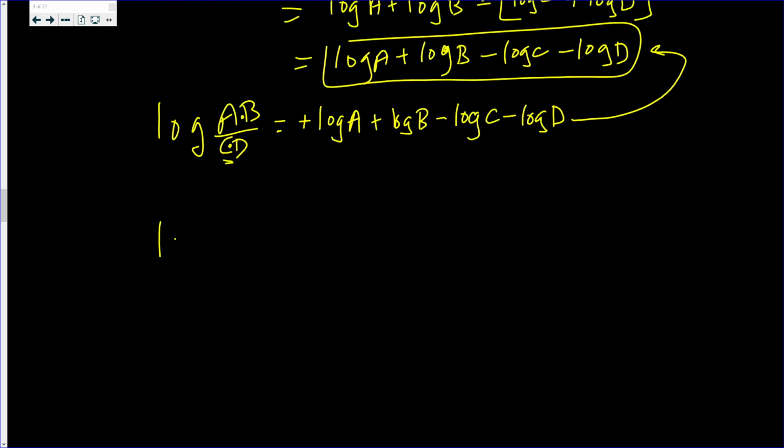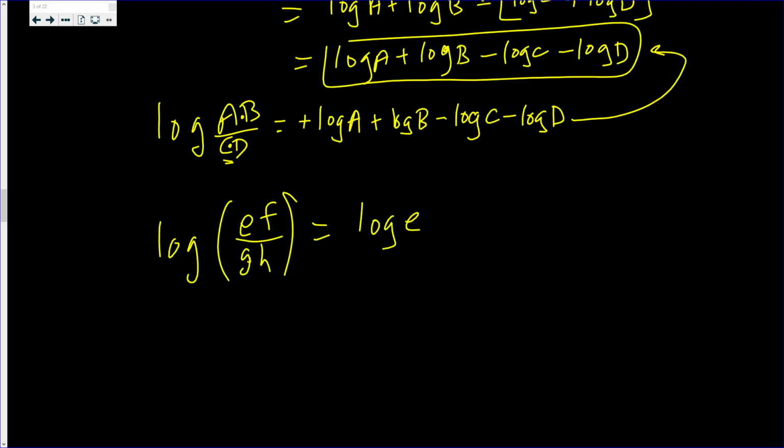So, if somebody were to ask you, what is log of EF over GH? This should be routine. The E's on the top, so it's positive log E. Don't have to write the plus. But now you do.